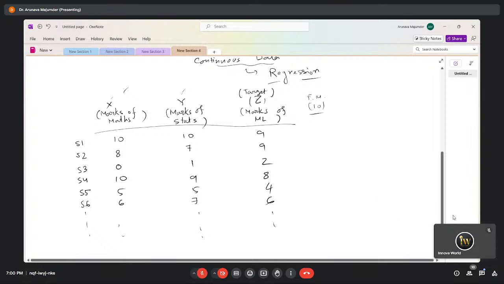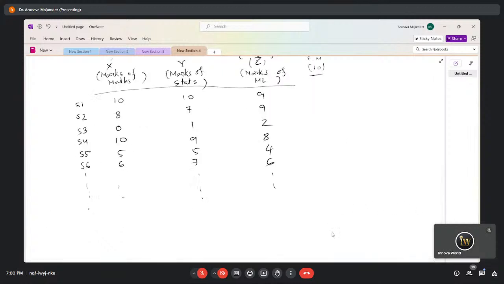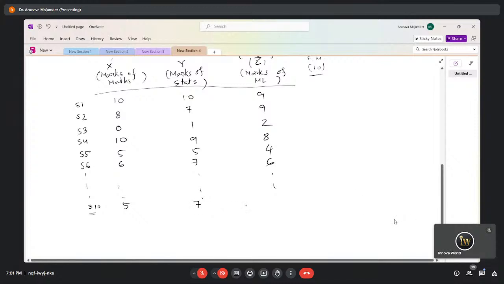Now, what is estimation? Let us suppose an unknown student, the 10th student, S10. We only have the marks of mathematics as 5 and the marks of statistics as, let us suppose, 7. Then what should be the marks of ML, machine learning? This is called estimation.